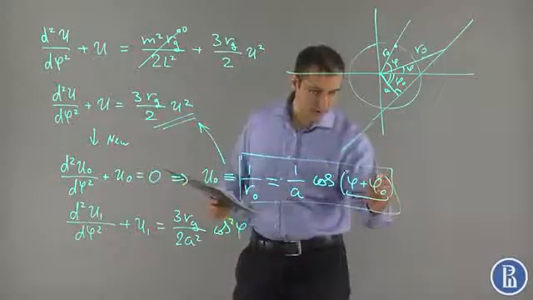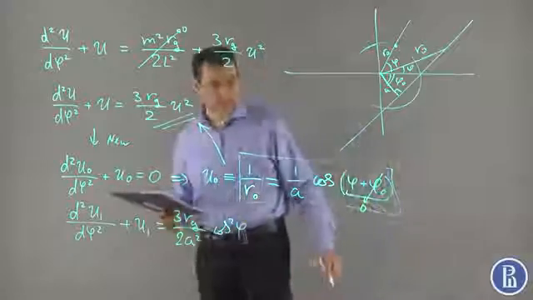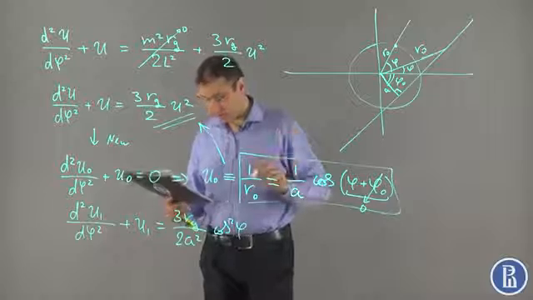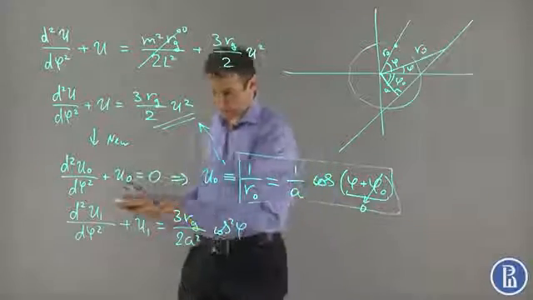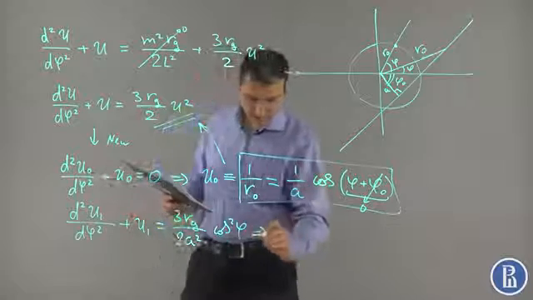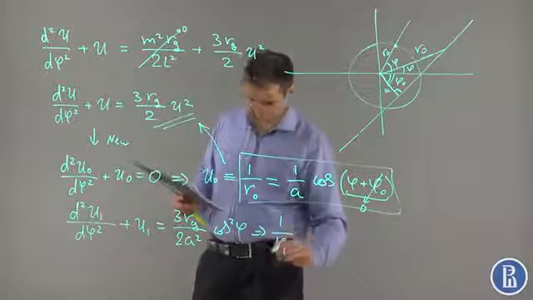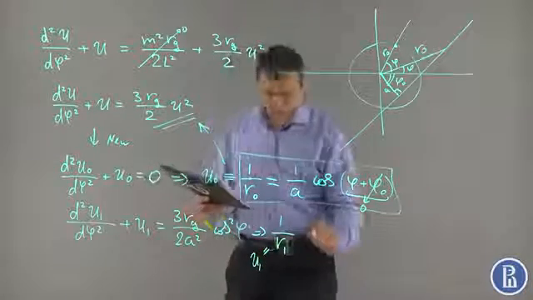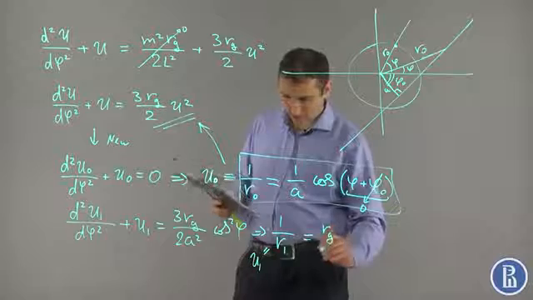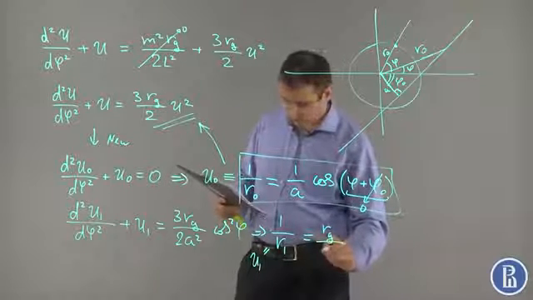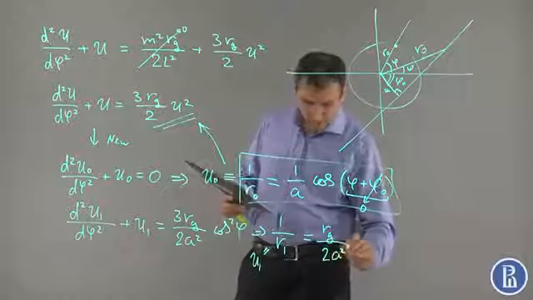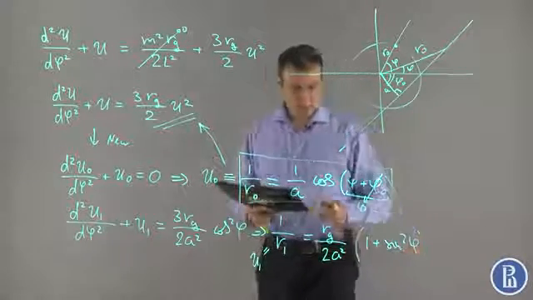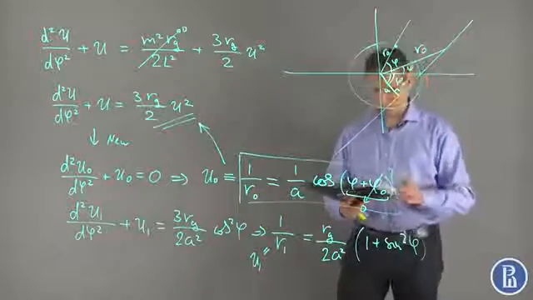For simplicity, we put phi 0 to 0, the initial phase. Then the solution of this equation is u1, which is 1 over r1, equal to rg divided by 2a squared times 1 plus sine squared phi. So this is the solution for this equation.